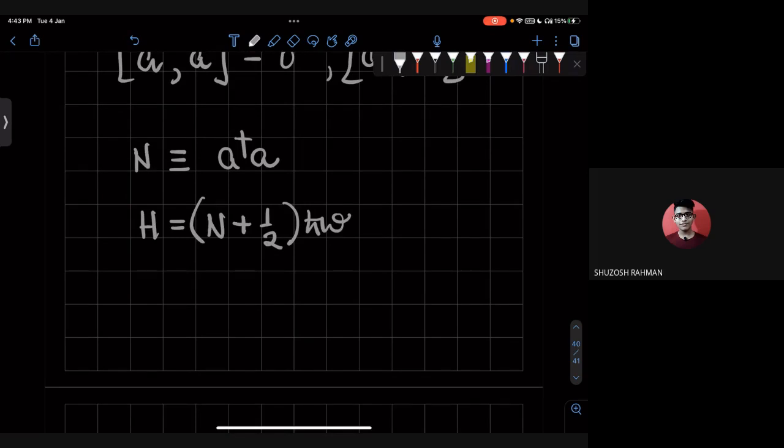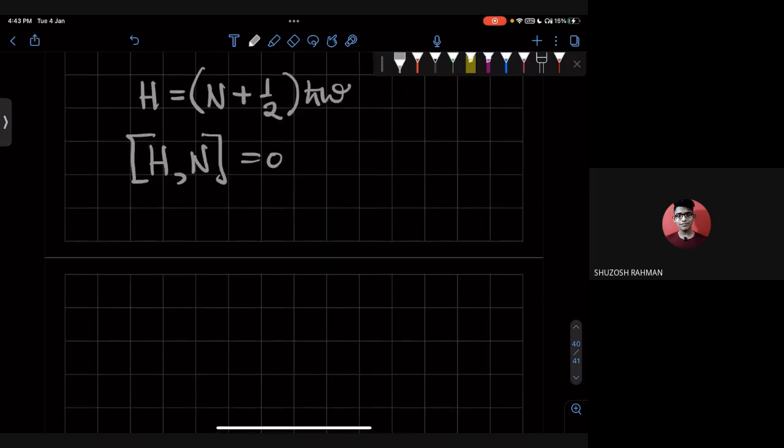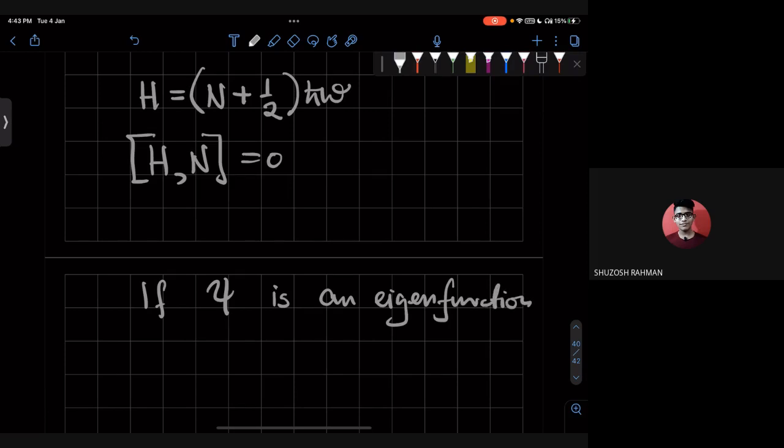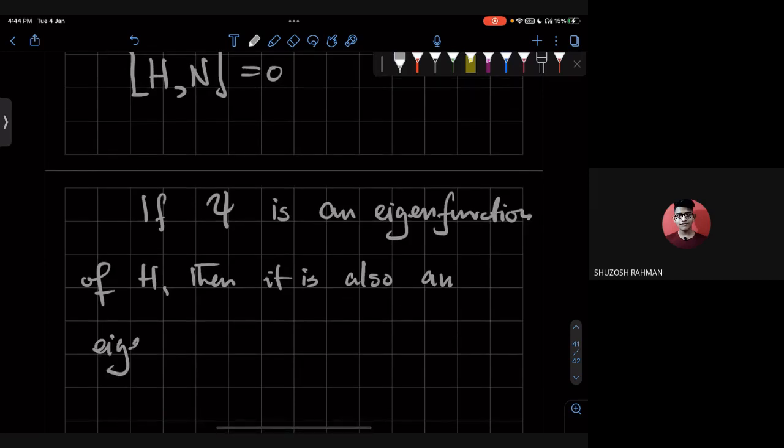Now, also it is obvious to see that H and N are going to commute, right? So that means that if psi is an eigenfunction of H, then it is also an eigenfunction of N. Okay?